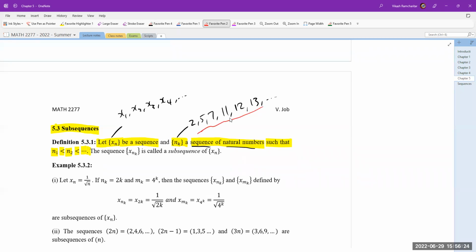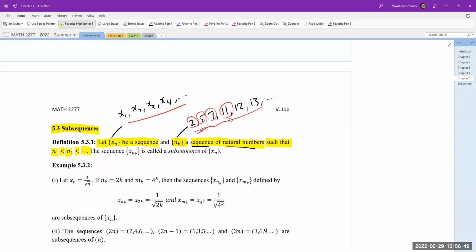Think of it like an index sequence. This sequence tells us which term of the original sequence to pick out. So it's telling me pick out the second term, the fifth term, the seventh term, the 11th term, and so on from my original sequence and form a new sequence with it.